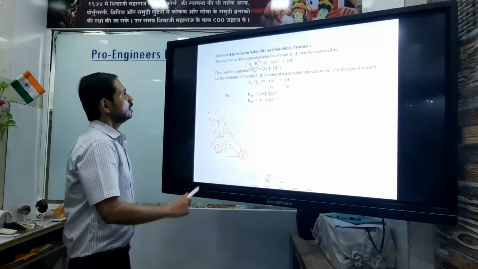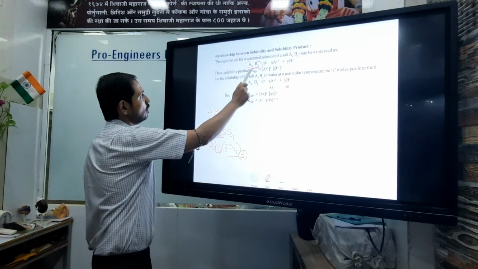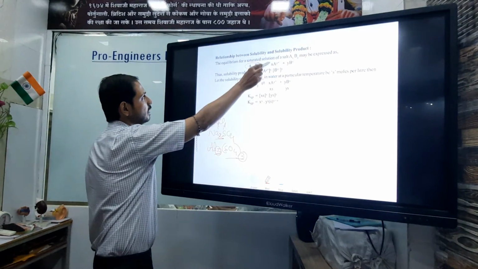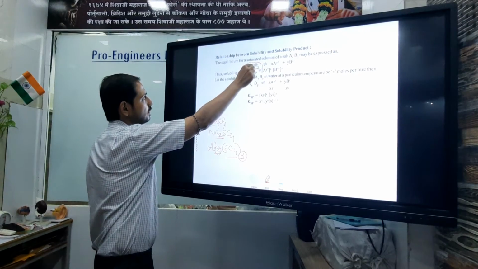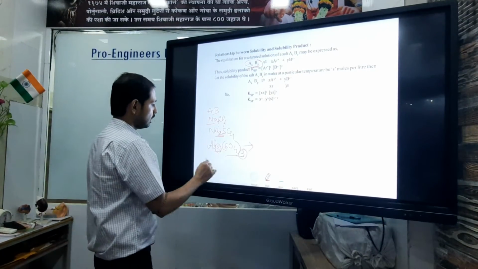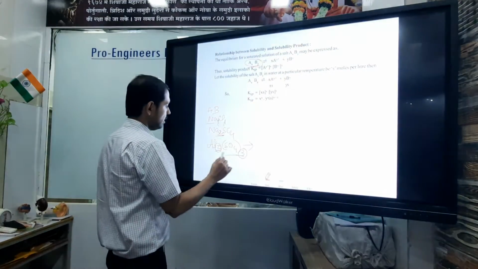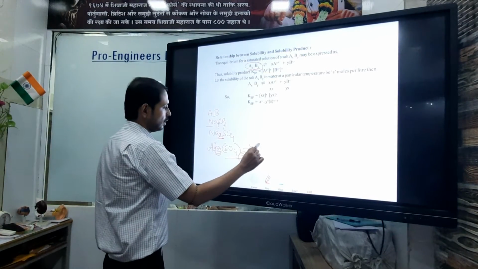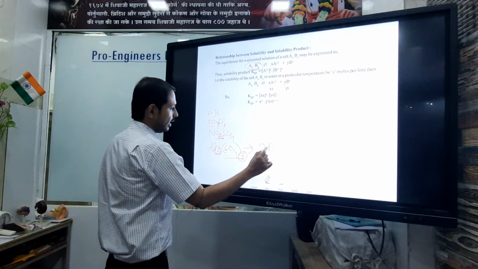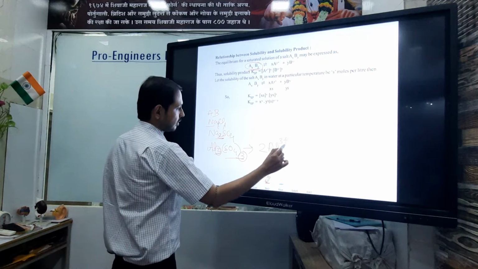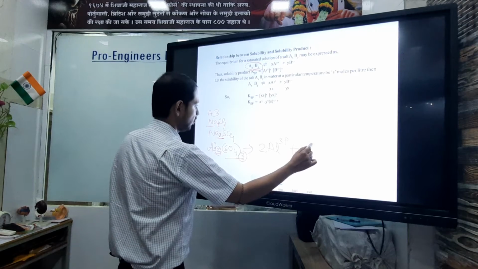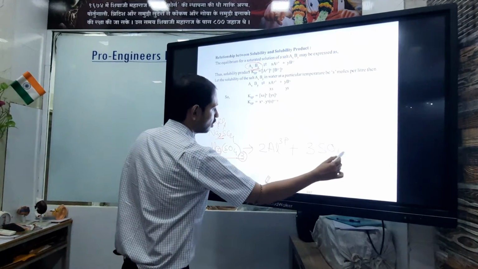Yes. Now we can write the solubility product from the equilibrium constant. After dissociation, let's try to understand with aluminium sulfate. If we dissociate aluminium sulfate, what do we get? We get 2Al3+ plus 3SO4 2-.